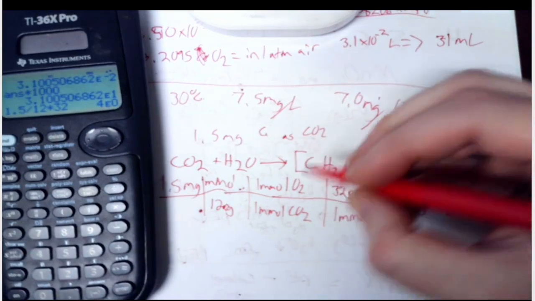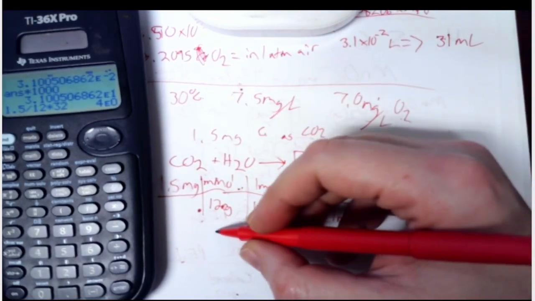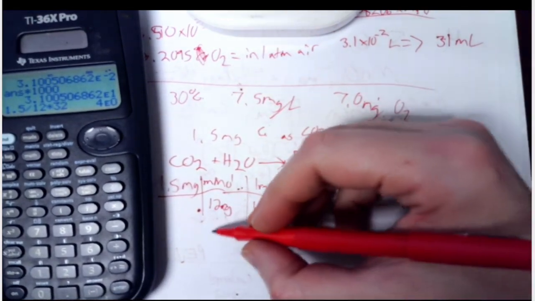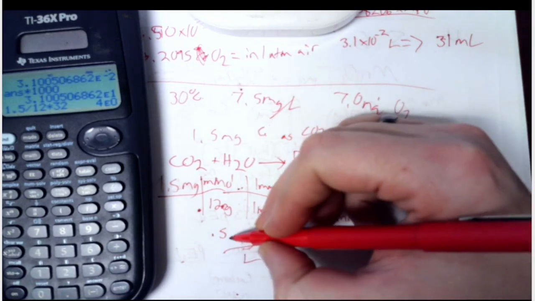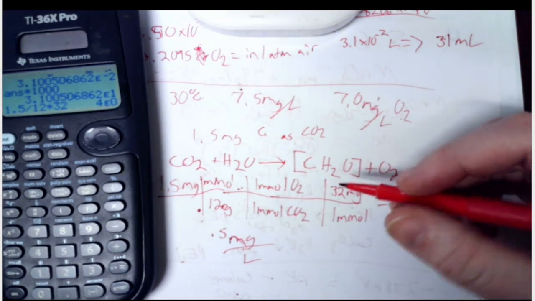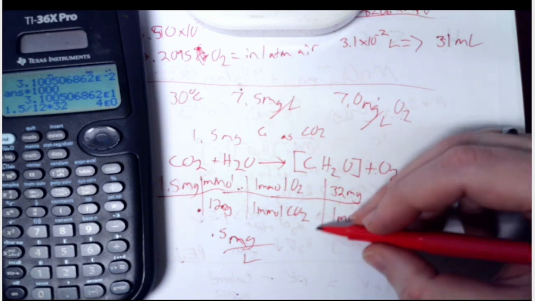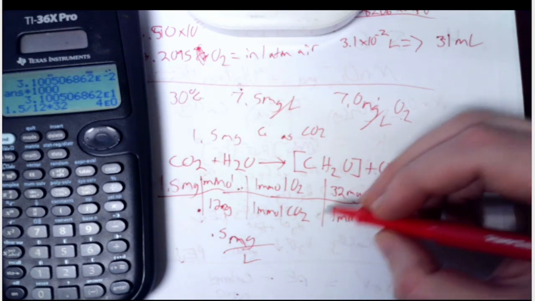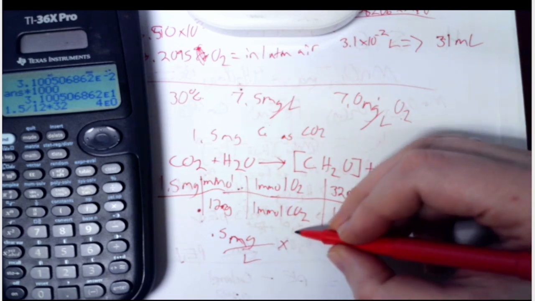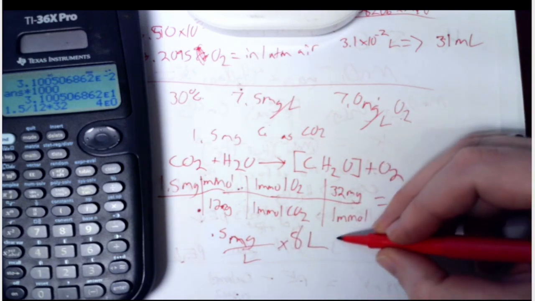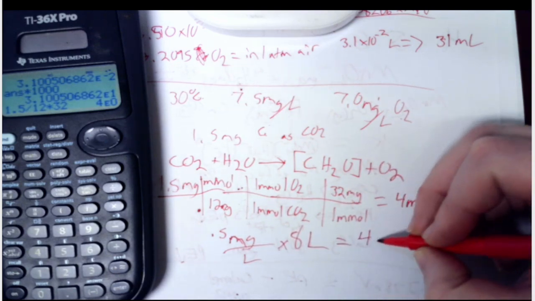If we can afford to add 0.5 milligrams per liter, you multiply that by 8 liters to get your 4 milligrams.